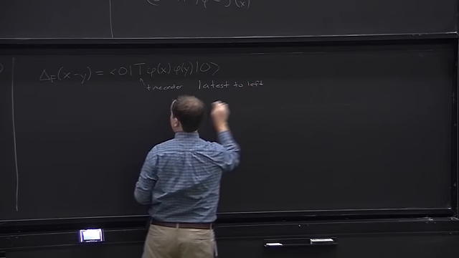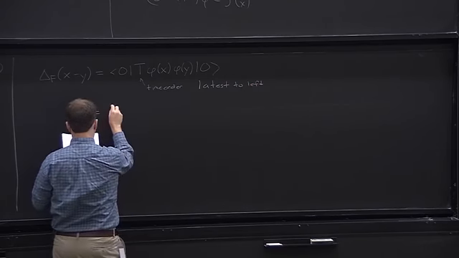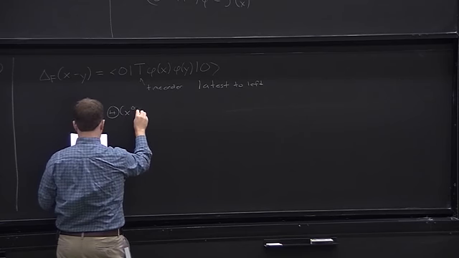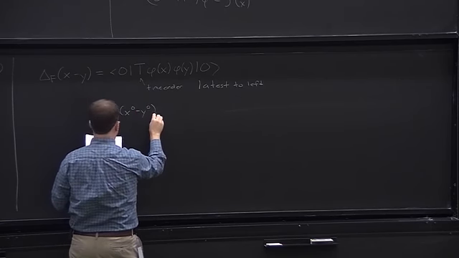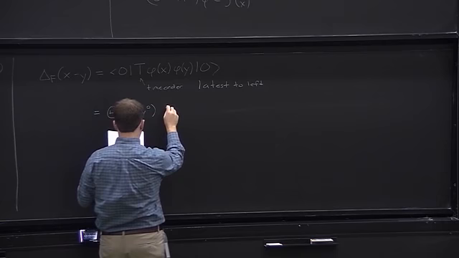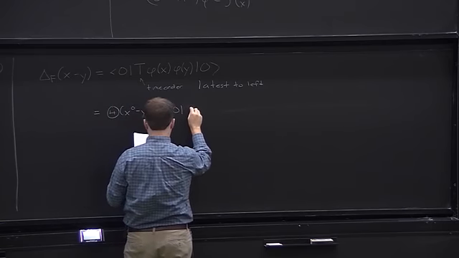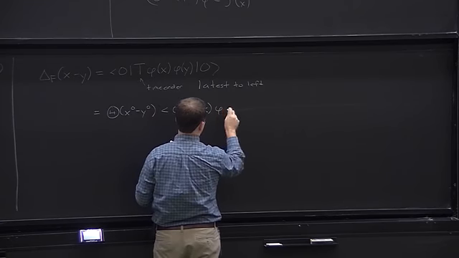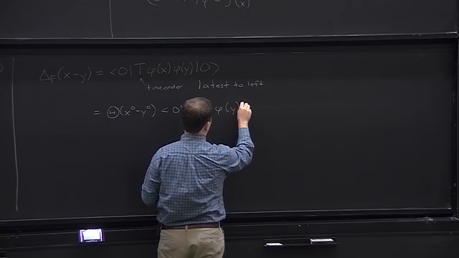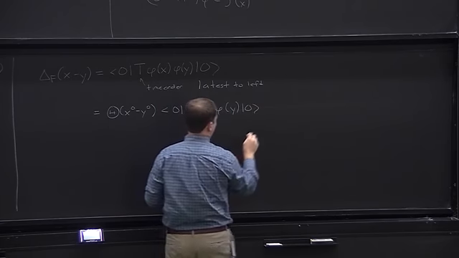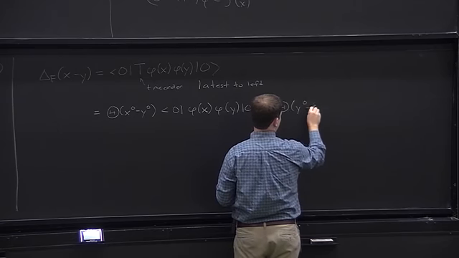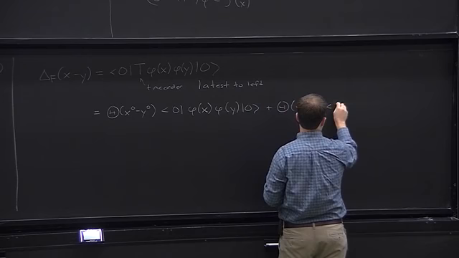So in this case, if x naught is greater than y naught, φ(x) will be the later operator, φ(y) will be the earlier operator, and if y naught is later than x naught, then we need to put the operators in the other order.